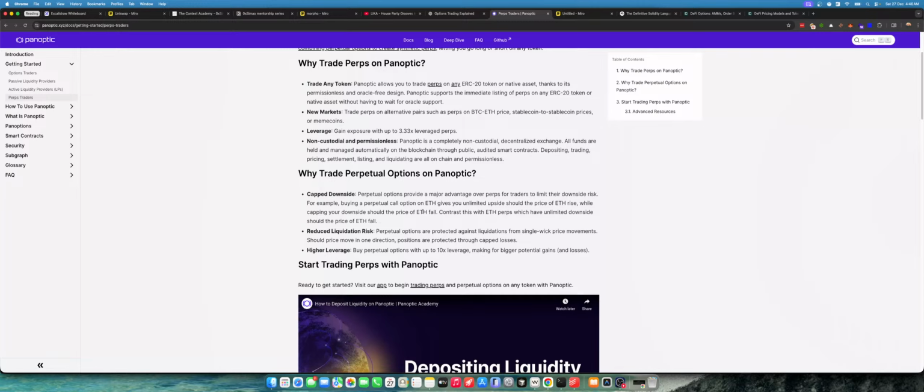What does it mean? It's capping the loss. It's minimizing the loss. Contrast this with the ETH price.